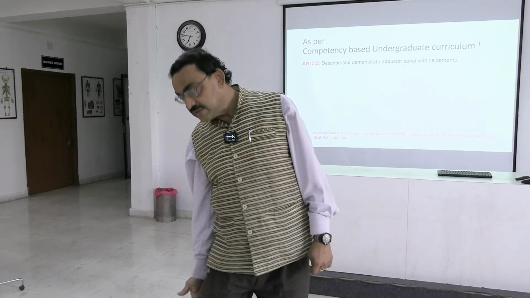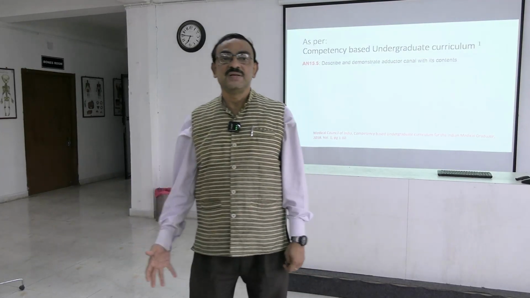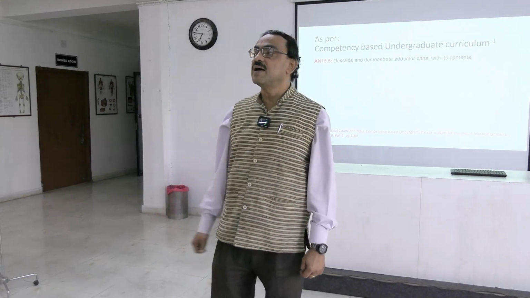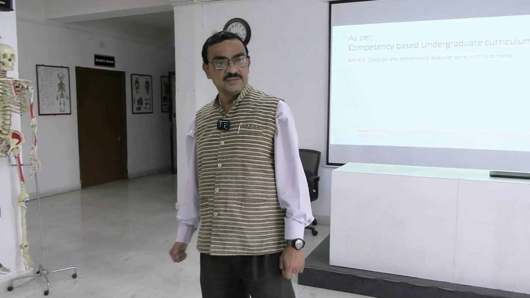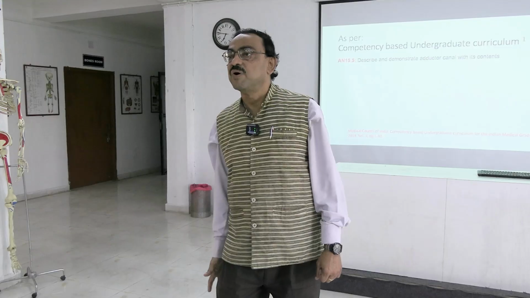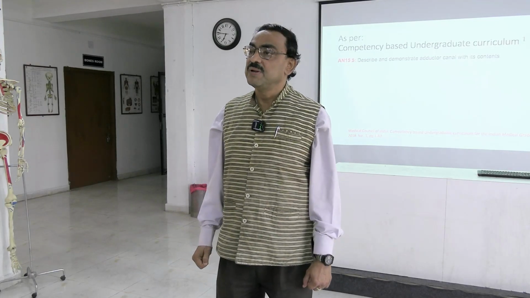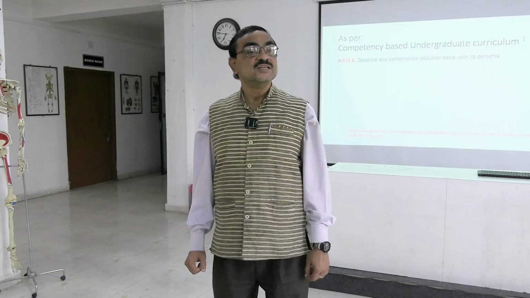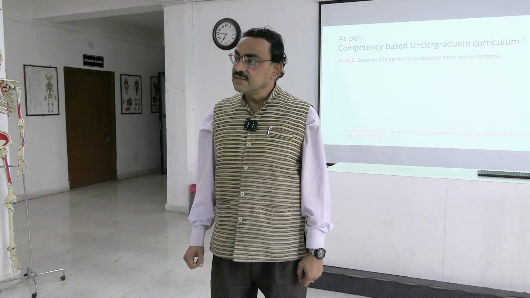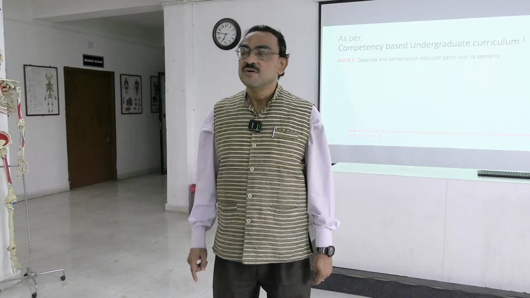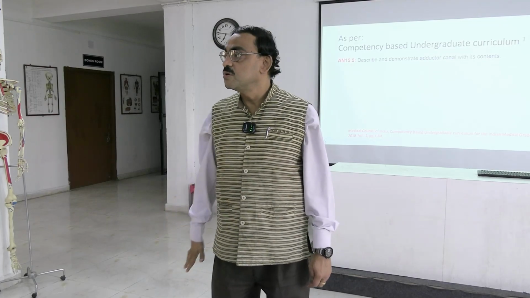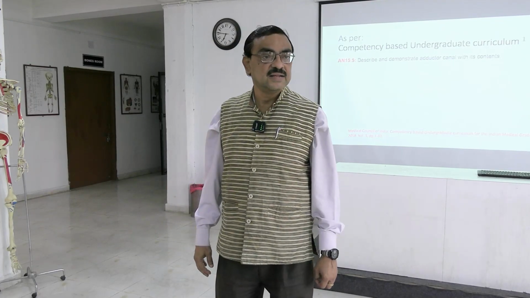We know the popliteal fossa is a fossa present at the back of the knee joint, okay. Here we get the popliteal fossa, where we get the popliteal artery, and this popliteal artery is nothing but the continuation of the femoral artery when it passes through that adductor hiatus.